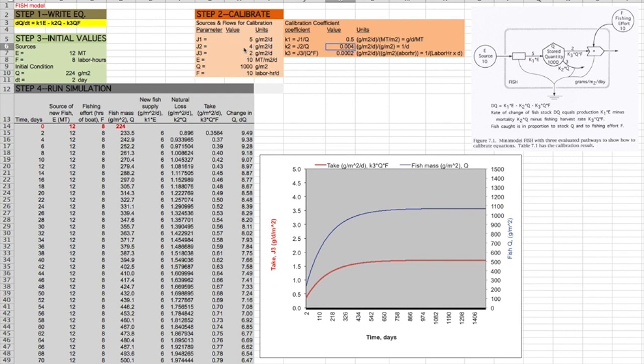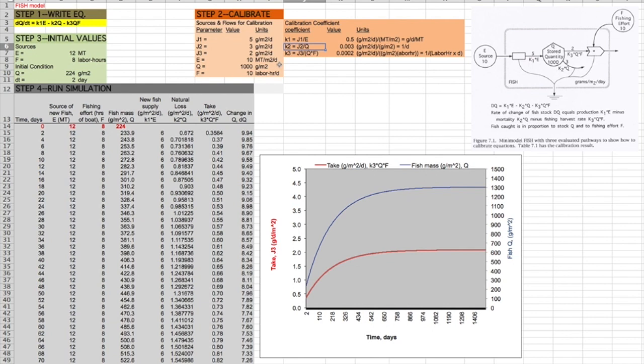Let's change the value of K2 from 0.003 now to 0.004. And again, we can see that that's going to affect our fish mass after 2 years or after 4 years of simulation, as well as our take. Now, one thing we want to be careful about, let's change J2 back to its 3 value.